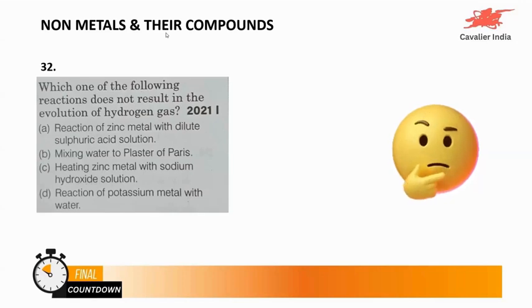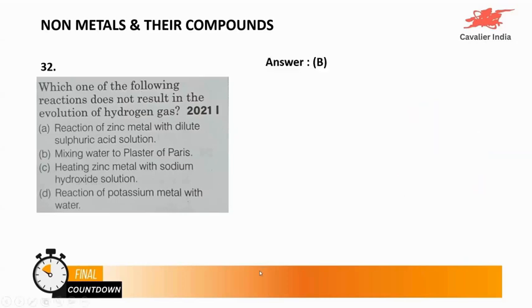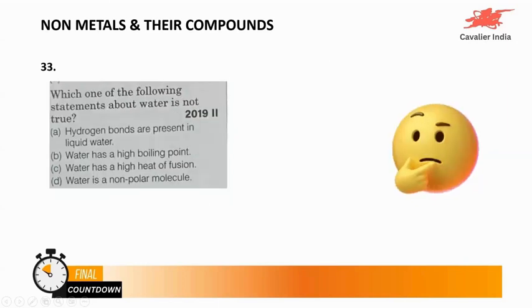Option B, mixing water to plaster of Paris. Option C, heating zinc metal with a sodium hydroxide solution. Then reaction of potassium metal with water. Option B is the right answer. Mixing water to plaster of Paris does not result in the evolution of hydrogen gas.